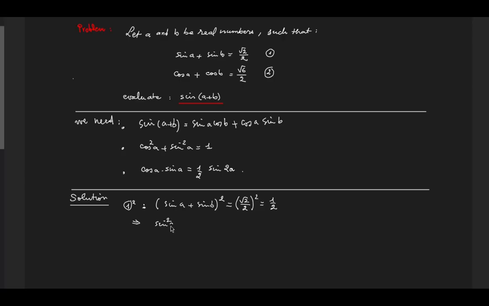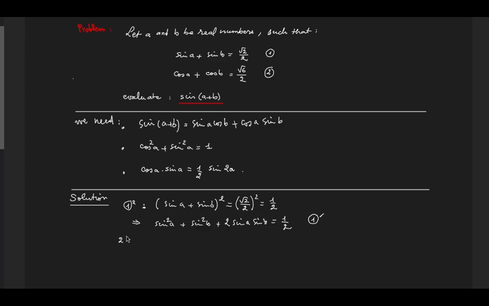Now we expand the left-hand side square: sine squared a plus sine squared b plus 2 sine a sine b equals 1/2. We call this identity 1 prime.